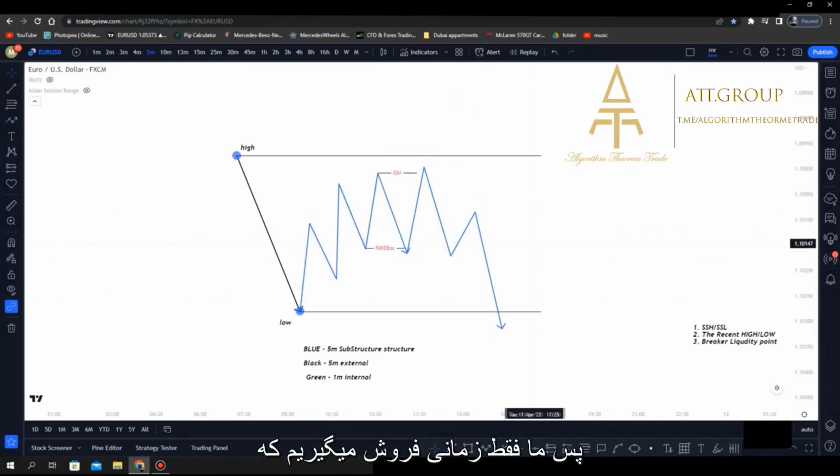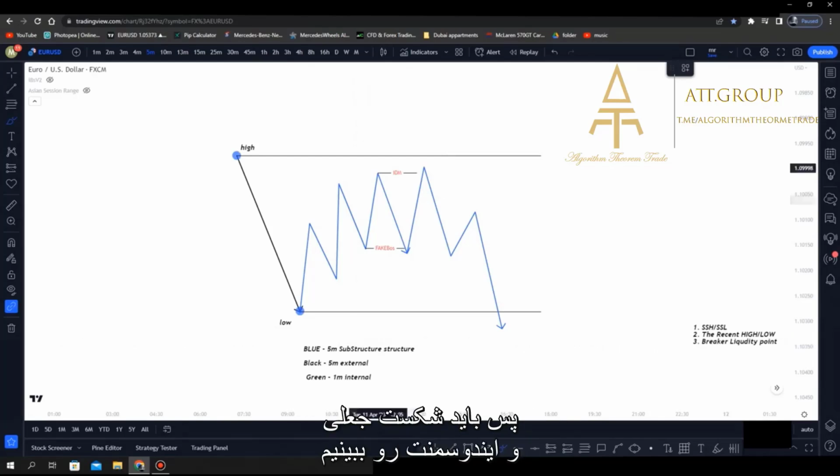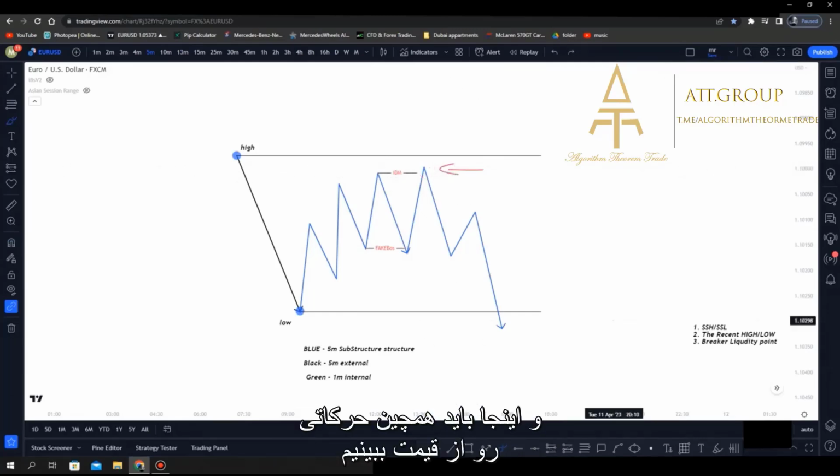So we only want to be selling after we got 5 minute substructural draw on liquidity. So we need to see PBOS, we need to see inducement. Once we have this inducement swept, we will switch to 1 minute right here. And what we need to see? We need to see some kind of price action like this. Hold on.